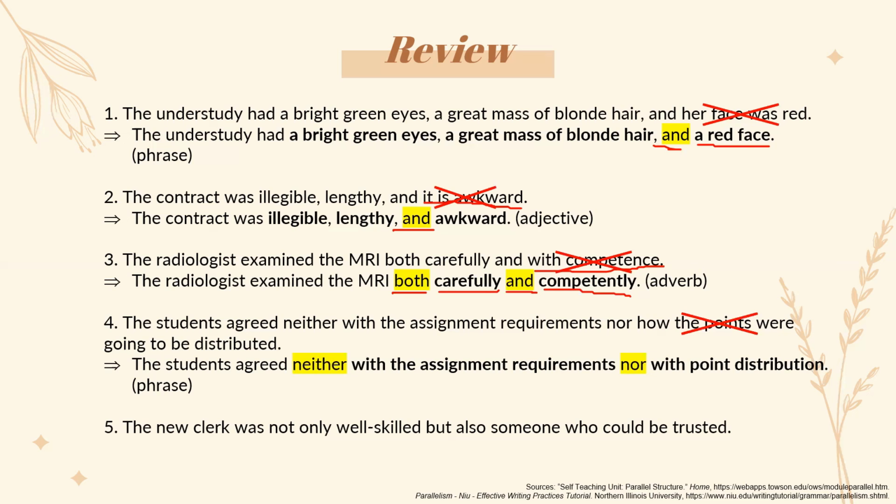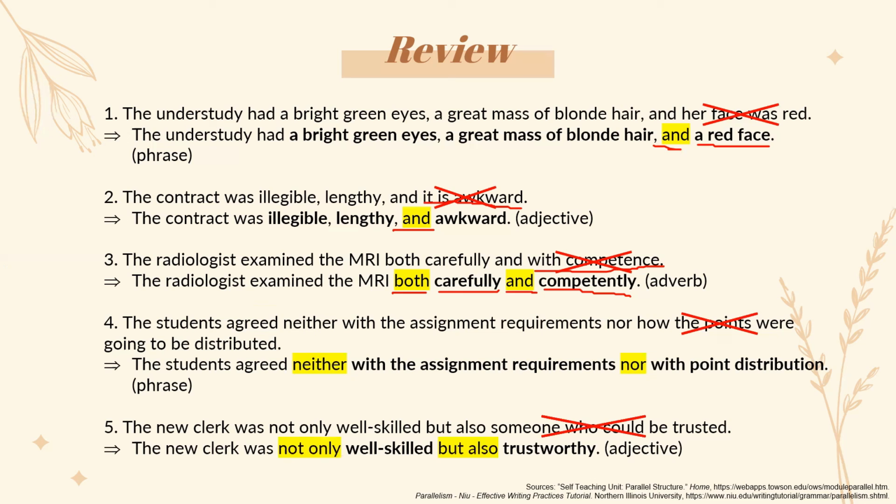The last is: the new clerk was not only well skilled but also someone who could be trusted. And the error here is "someone who could be trusted". Therefore, we should change it into "trustworthy" so that these two parallel structures can be in the same pattern, that is, adjectives.